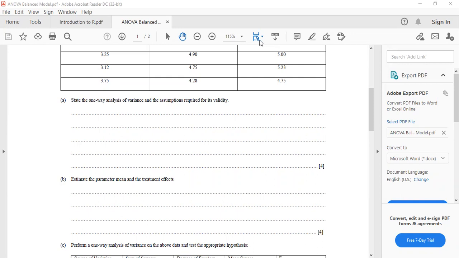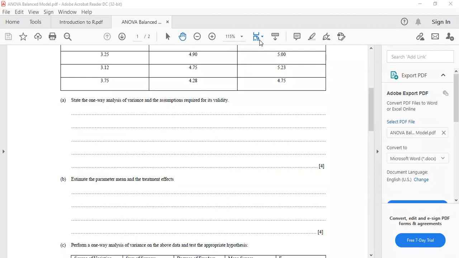Yes, go ahead, Bethel. Tau 1 hat is equal to 3.588 minus 4.3533333, which is negative 0.76533333. Bethel, what is your y bar 1 dot?